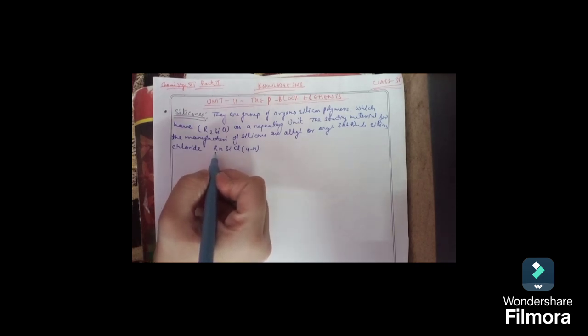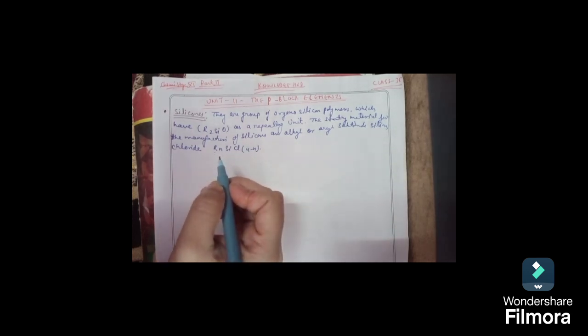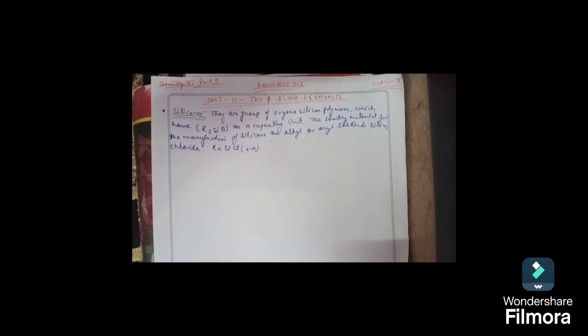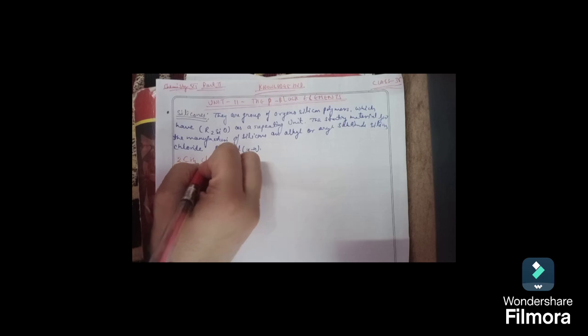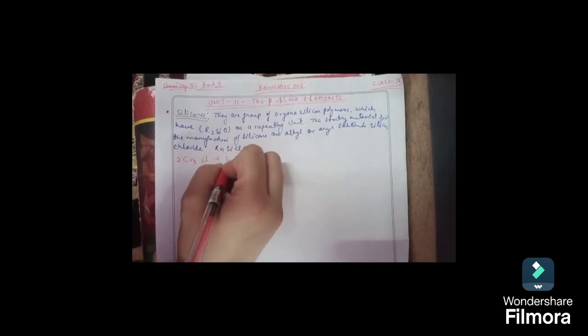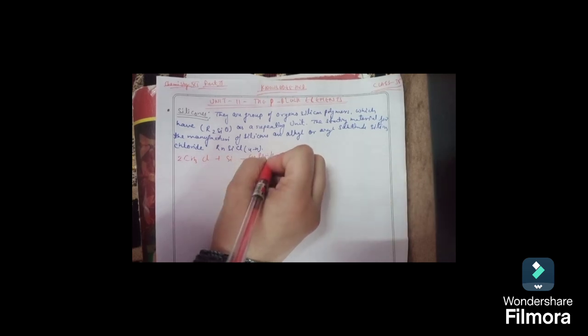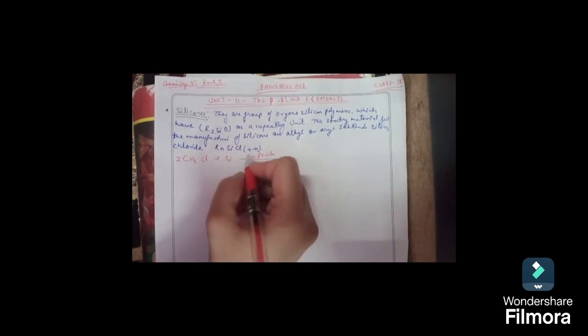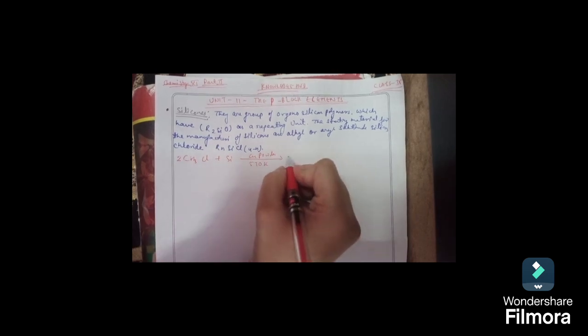Okay, so let's go for it, and then we'll discuss the substitution and form the equations one by one. First we have 2CH3Cl plus Si in the presence of copper powder at a temperature of 570 Kelvin.